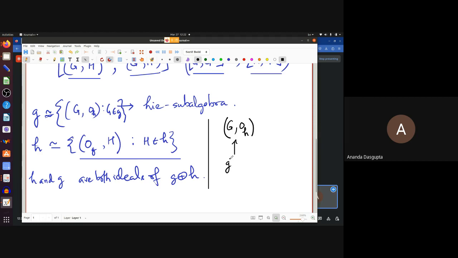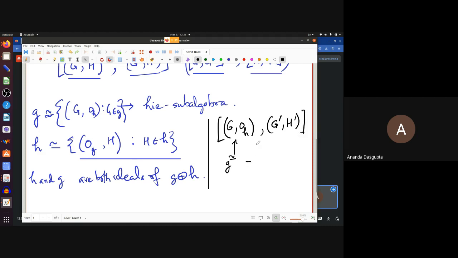this effectively small g, that is this set, and then take the Lie bracket of this with any element of G direct sum H. So not just a small g element, not an element like this, but any element.